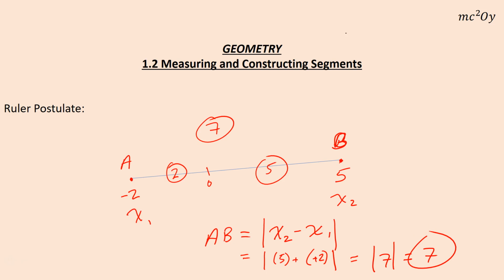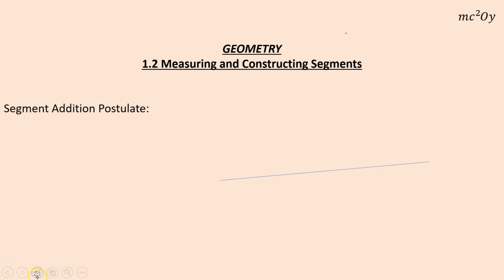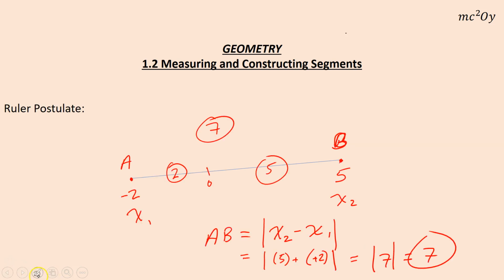The reason the absolute value symbols are there is just in case you were to switch these around, and call this one x2 and this one x1.